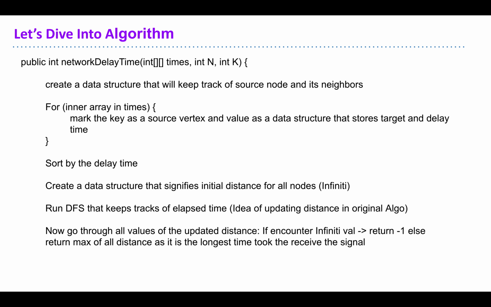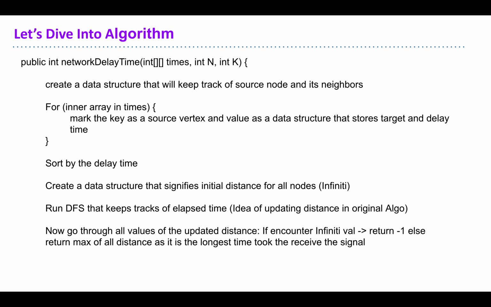That'll be easier for us to process, and we can essentially sort by delay time. Then we create a data structure that signifies the initial distance for all nodes, which is infinity. That's essentially the same as the visual table that we created in the previous example. And we can run DFS that keeps track of elapsed time. The idea of updating distance is essentially the same as in the original algorithm that we had seen in class.